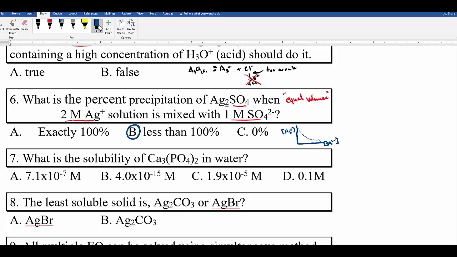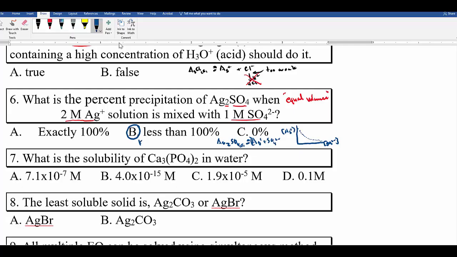This requires an infinite amount of sulfate because, when we're looking at the KSP equation, it's going to be 2 silvers and a sulfate.